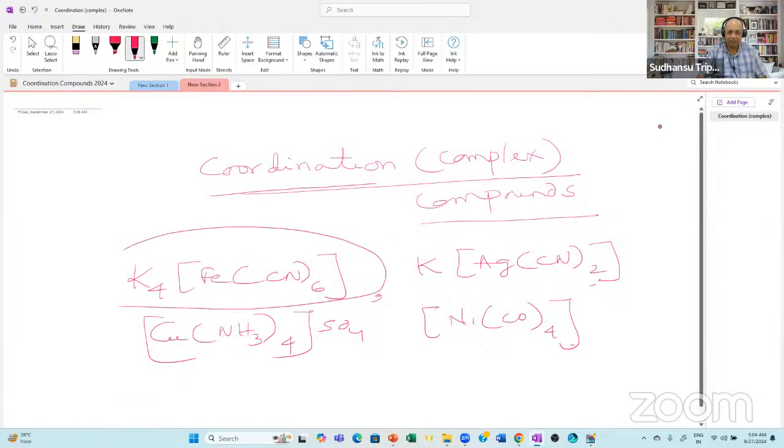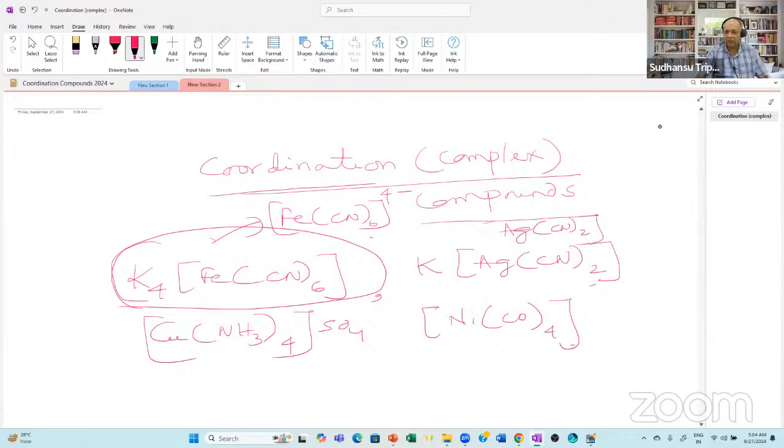The first example is where the complex is an ion, a negative ion: the ferrocyanide ion is the complex ion. And this compound is the coordination compound, but the complex ion is the ferrocyanide ion, and it is an anion. In this case too, this is an anion.